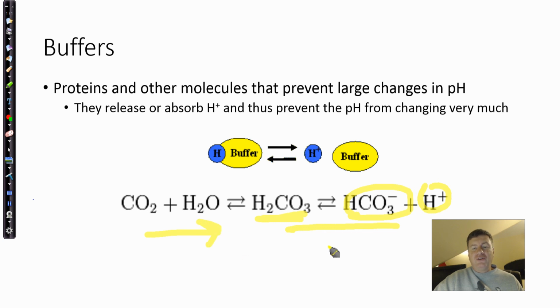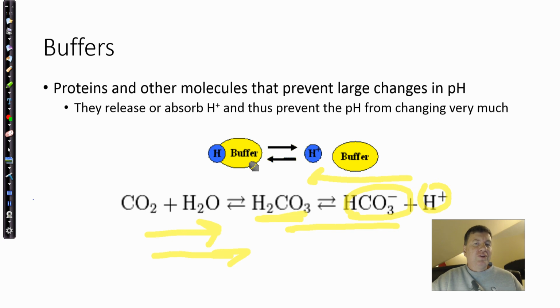If we need to absorb hydrogen ions, the reaction runs this way. If we need to produce them, it runs that way. So this is kind of like a seesaw. We have these proteins that can actually capture or release hydrogen ions depending upon the need.